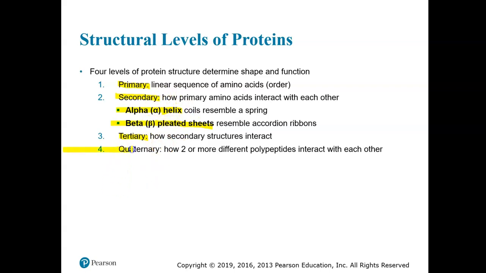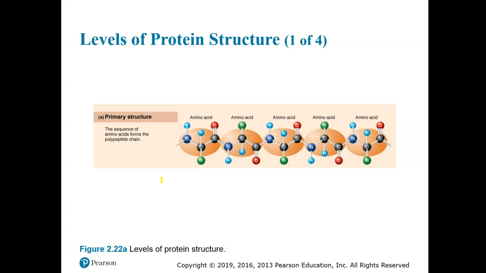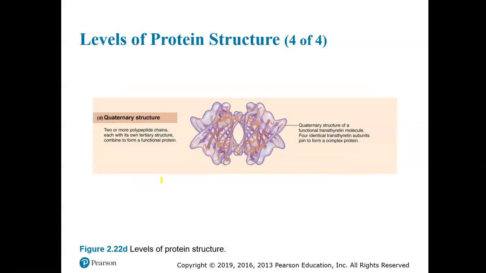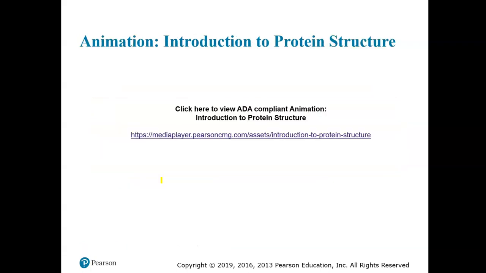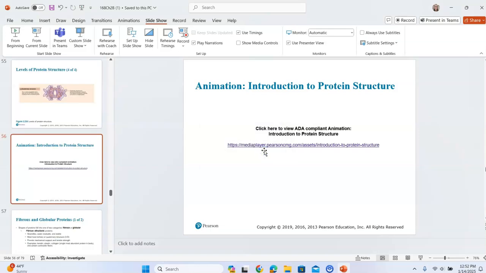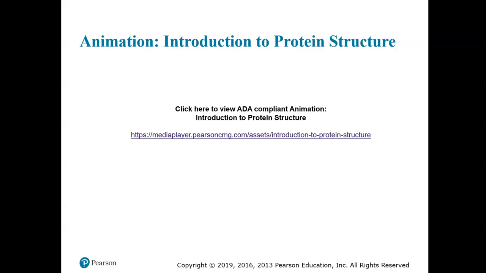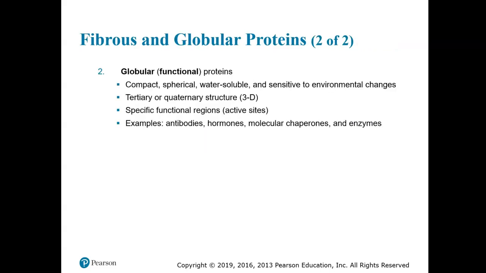And quaternary is when you have 2 or more tertiary structures joined together. All proteins don't have the quaternary level. The animation about proteins is found on slide 56. I encourage you to watch that.